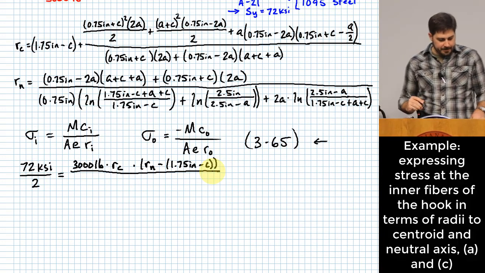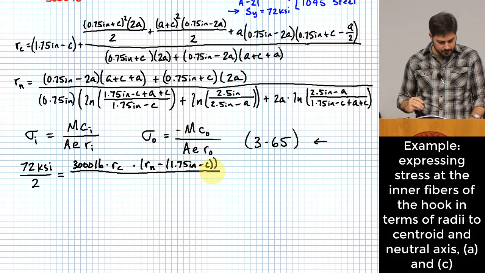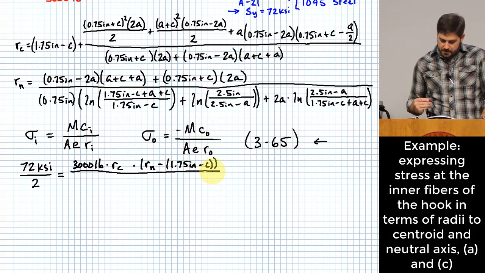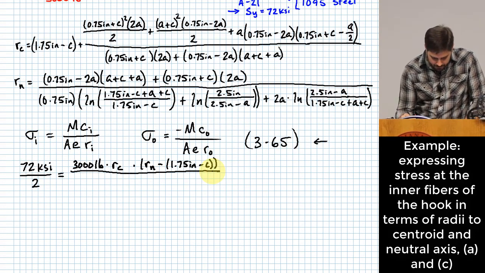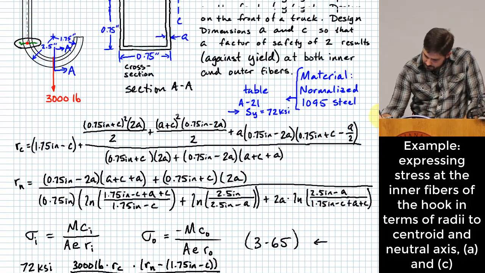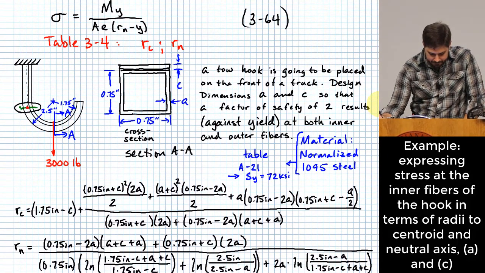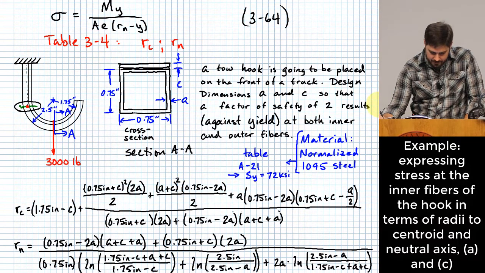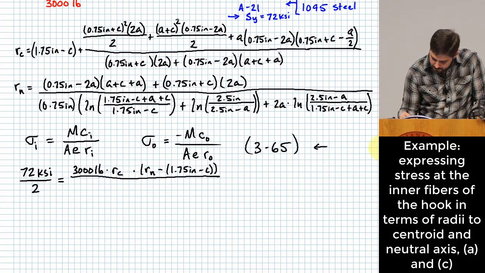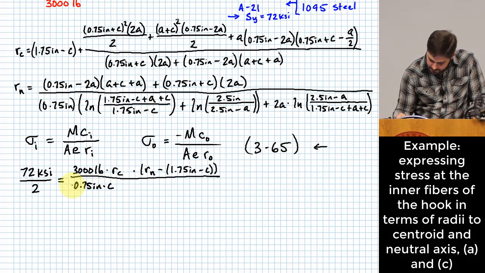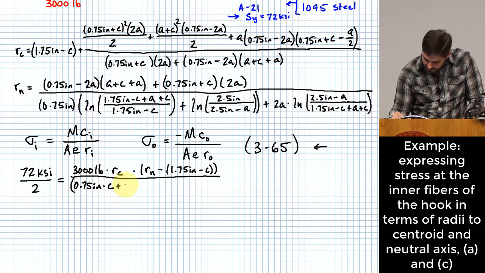Now what about the denominator? Well, let's do it this way. There's a bunch of different ways that we could split this up, but we need to figure out the area, right? So one of the things we can do is just add the strap, which is 0.75 inches times C, plus the outer dimensions of this thing are just 0.75 inches.